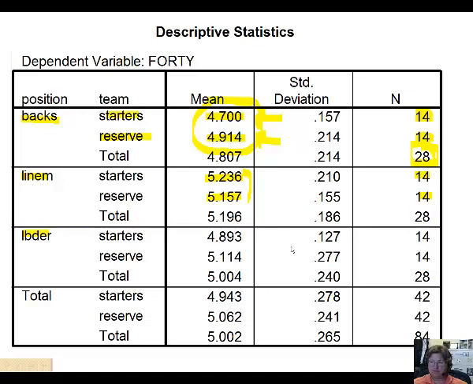That's probably more needed as an attribute, muscular strength and power, than 40-yard speed time for that position. So maybe that's not surprising. So you can see here, if we go down to the bottom, and this includes all of the starters, 42, and all of the reserves, that on average the mean was just a little bit quicker for the starters than it was for the reserves.